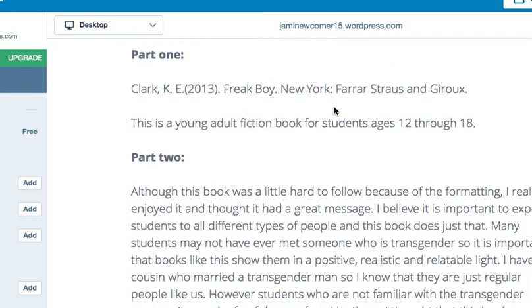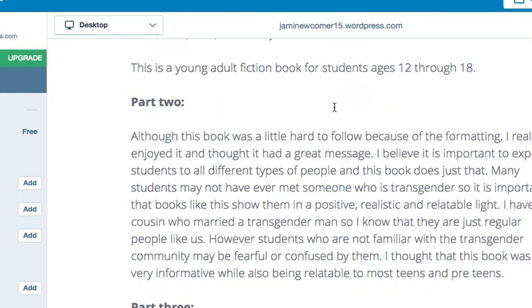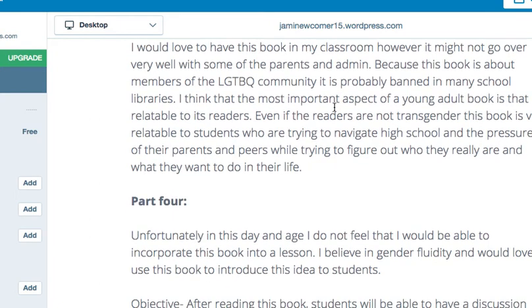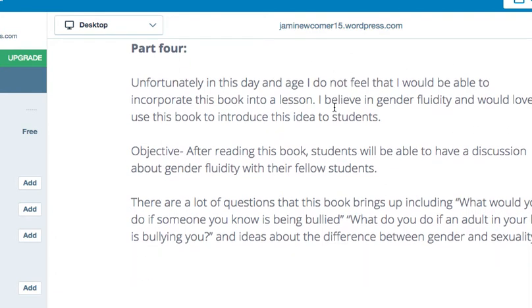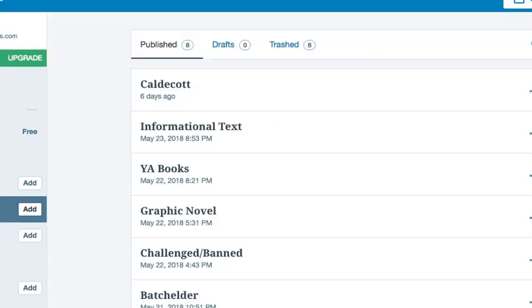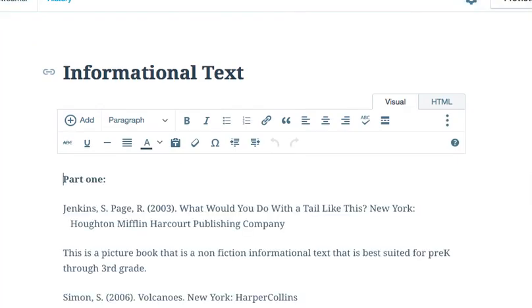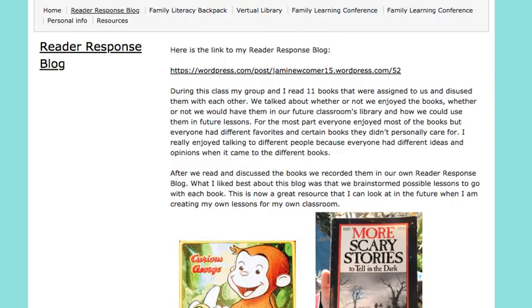This is the book I was talking about, Freak Boy by Clark. So the lesson that I came up with was, after reading this book, students would be able to have a discussion about gender fluidity with their fellow students. And like I said, for each book that we discussed, I also went through and created a lesson for each.